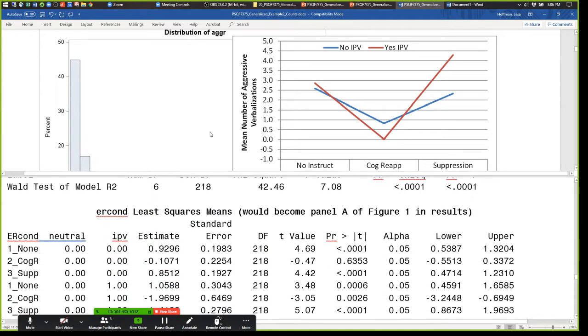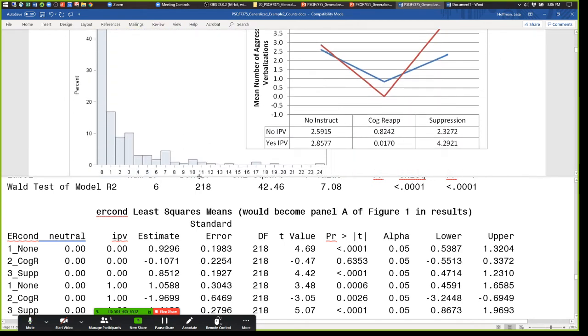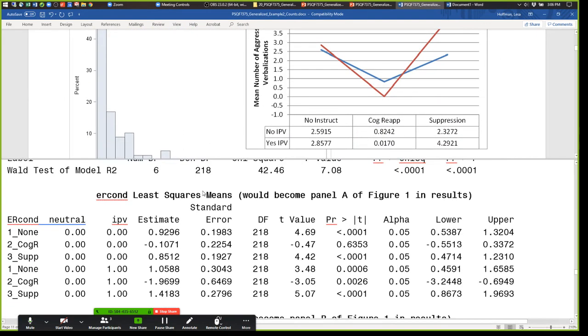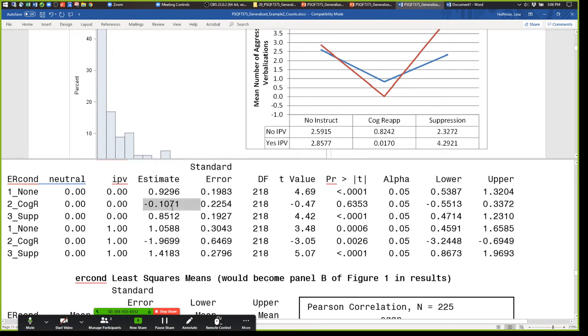Let me squish the top a little bit more so I can make my screen a little bigger. Here they are. So, estimate is the mean in the model scale. So does it look weird to you that this number, for instance, is negative? Is that fine or is that weird?